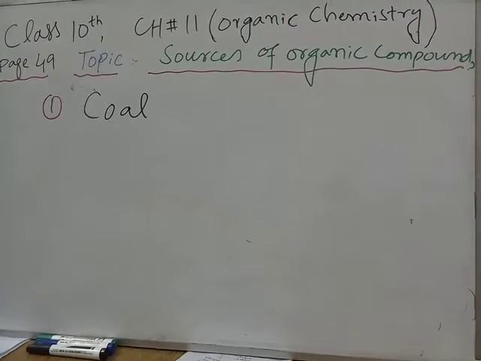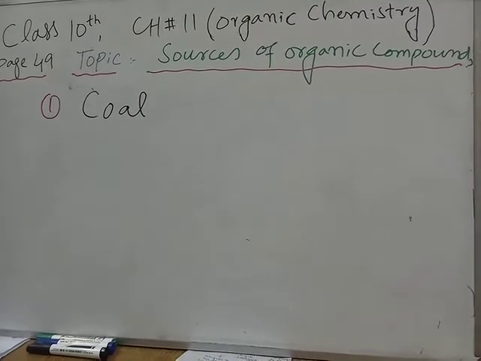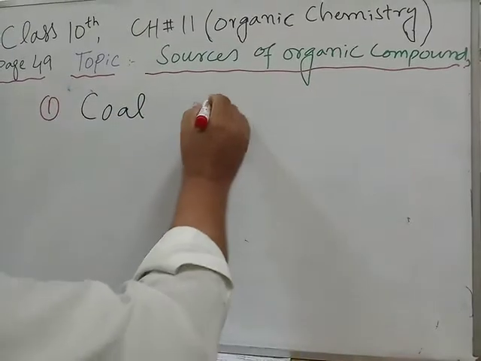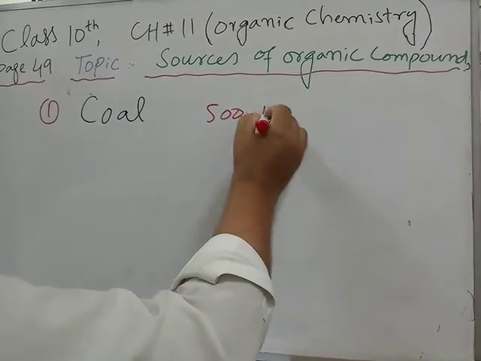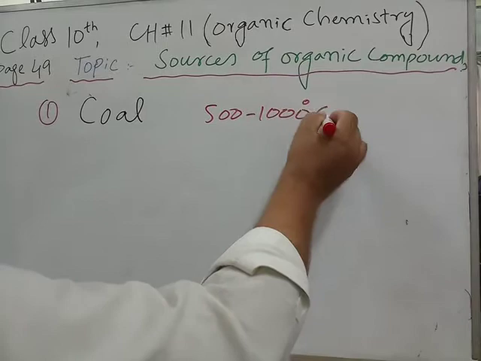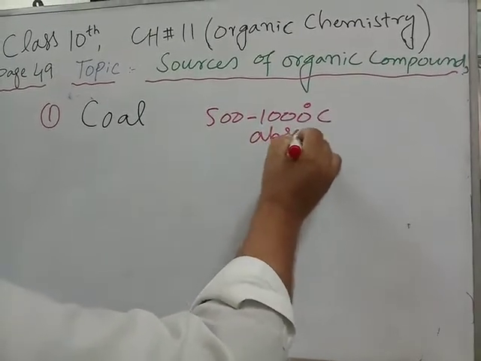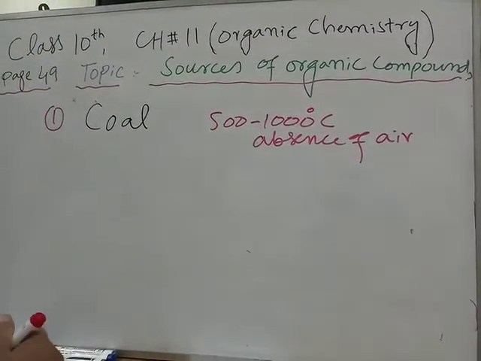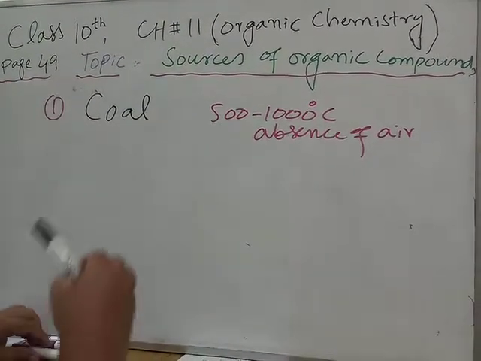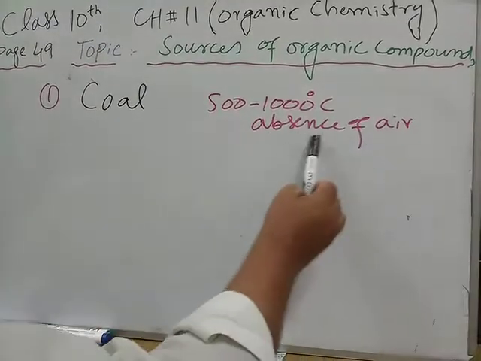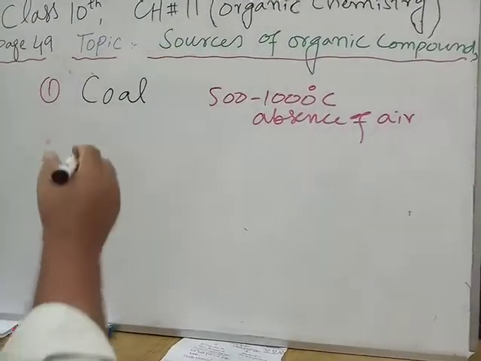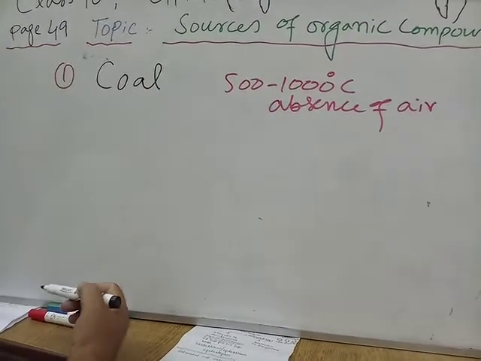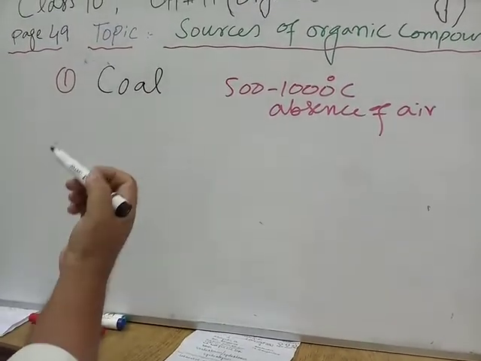But there is a process called destructive distillation, during which coal is heated from 500 degrees C to 1000 degrees C in absence of air. Air means oxygen. So when you heat the coal up to this high temperature in absence of air, the various compounds form. Remember that coal is not a single compound, it is a complex mixture of many compounds.